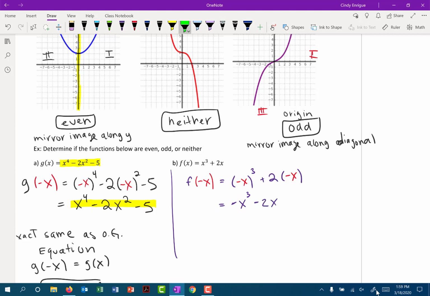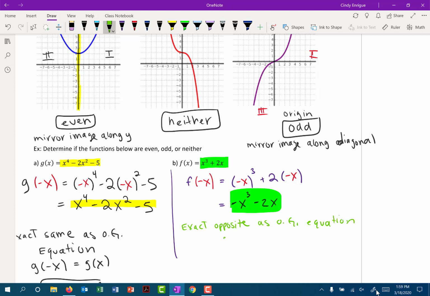So if I'm comparing my original function to this new function that I have over here, I can see that I actually have the exact opposite sign. So exact opposite as my original equation.